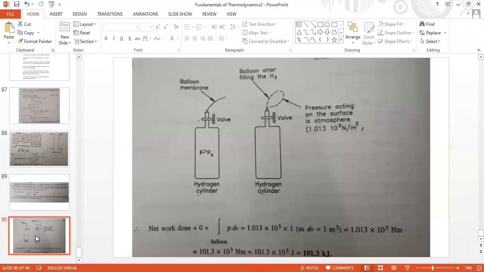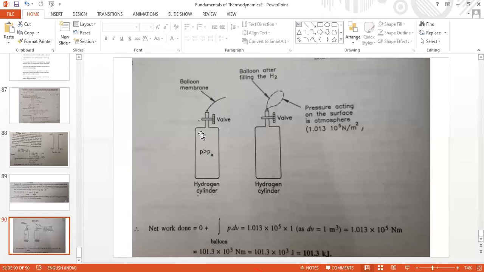So here the cylinder as well as the flat balloon, that is, the inside of the flat balloon and the inside of the cylinder, is taken as the entire system, which is given as integral PdV. The entire system is equal to integral PdV of the cylinder plus integral PdV of the balloon.